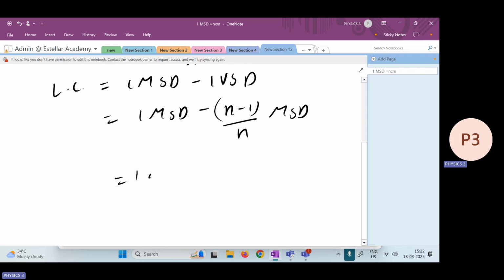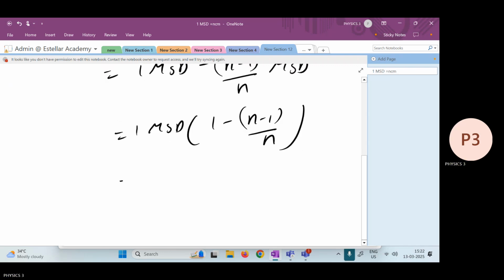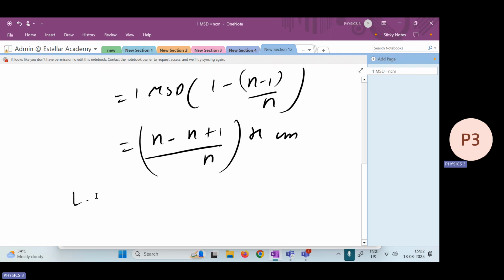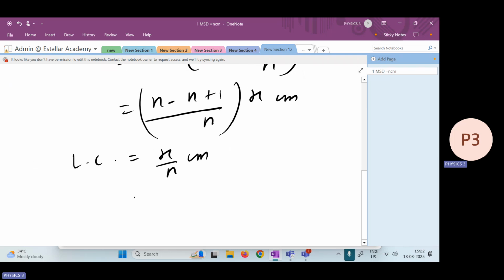So if we take MSD common, 1 minus n minus 1 upon n. So n minus n plus 1 upon n into 1 MSD. In place of 1 MSD, we can put x centimeter. So least count would be x by n centimeter. So C option would be correct answer.